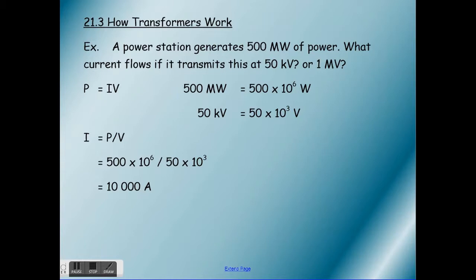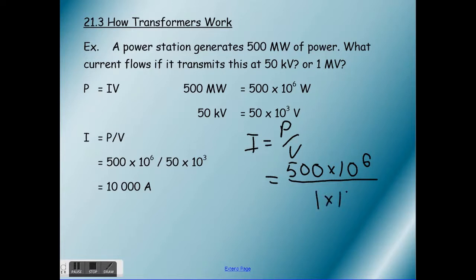How did you do all that? Because we knew it was 1 million, so you just do the same thing. Can't we just kill these megavolts and simplify?